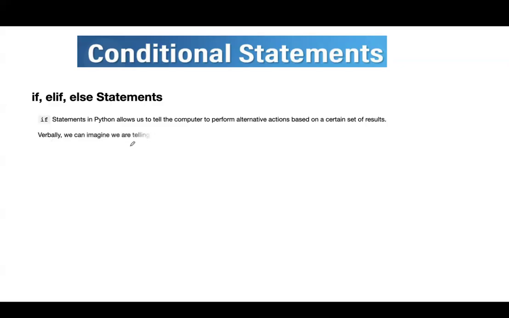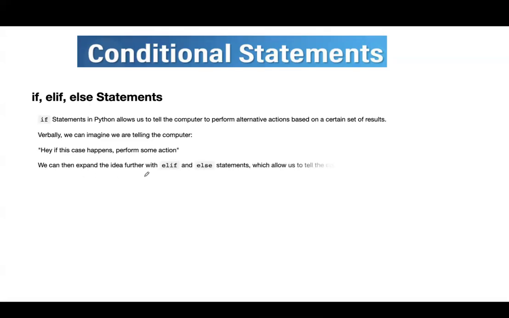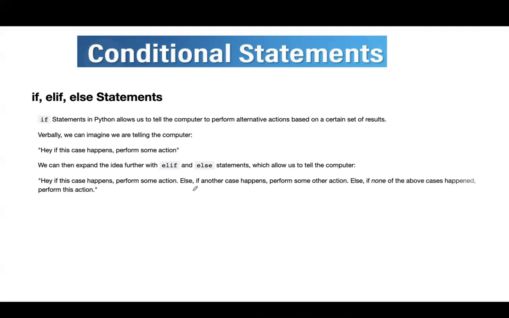Verbally, we can imagine we are telling the computer, hey, if this case happens, perform some action. We can then expand the idea further with elif and else statements, which allow us to tell the computer, hey, if this case happens, perform some action. Else if another case happens, perform some other action. Else, if none of the above cases happen, perform this action.